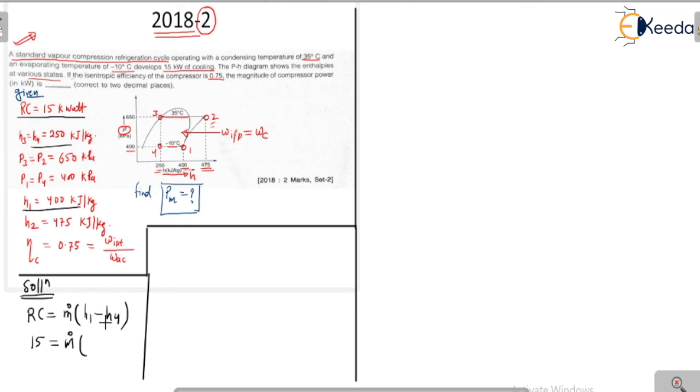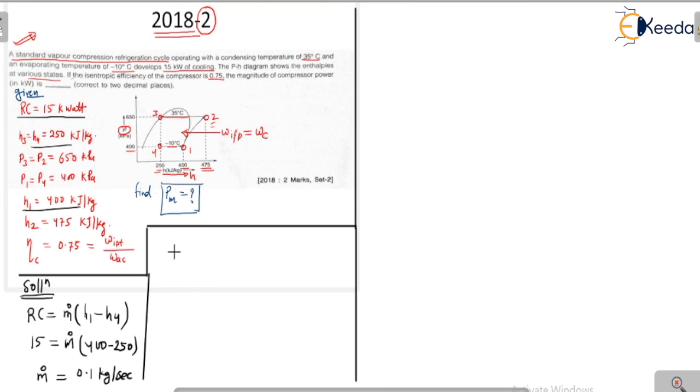That means 15 equals mass flow rate times (400 minus 250). From this equation, after the calculation, your mass flow rate is 0.1 kg per second.